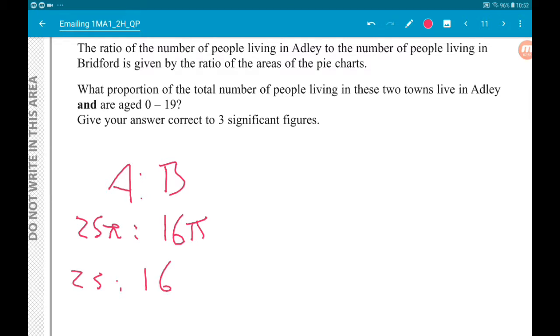Now altogether, this ratio has 25 add 16 parts, which is 41. 25 parts of those 41 parts live in Adley. So, 25 41sts live in Adley.